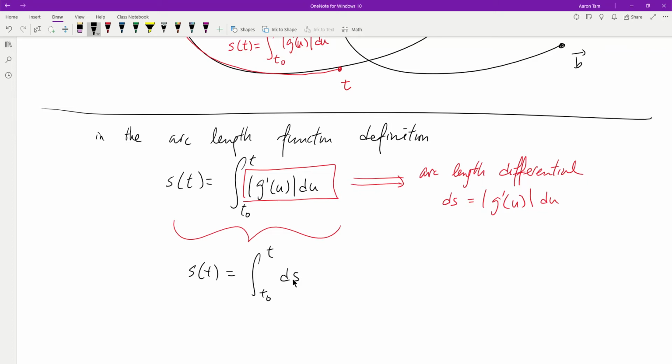Which now kind of makes sense because you're basically integrating ds, and we know that the integral and the differential kind of balance each other out, and therefore just simply give you s at t. And of course, s at t would be a length from t sub 0 to t.